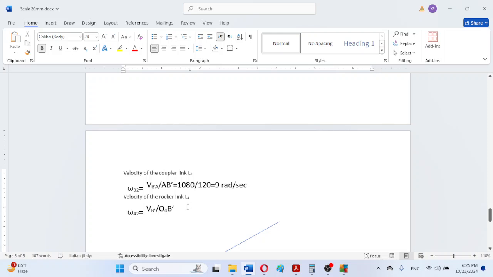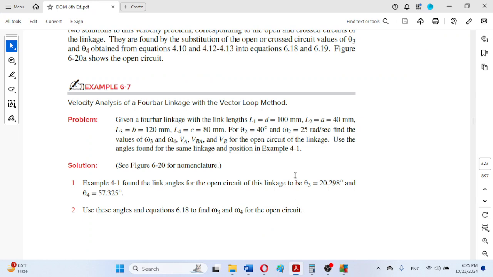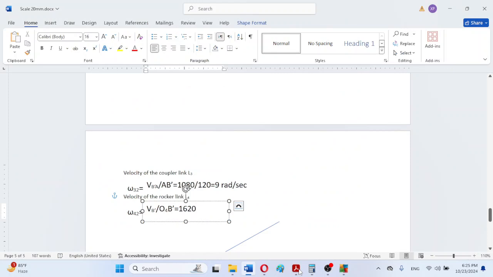So the velocity of the rocker VB dash in this position is 1620 millimeter per second, and we will be dividing it by the rocker length O4B dash, which is the length of link 4, that is 80 millimeter.